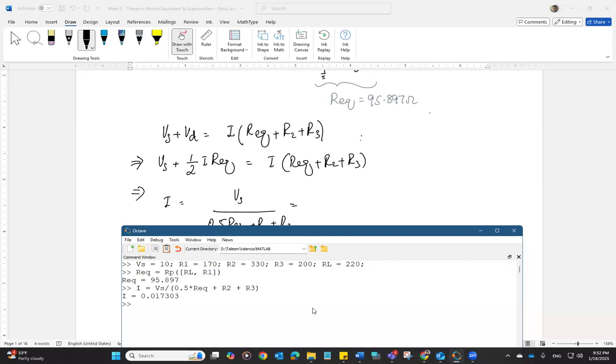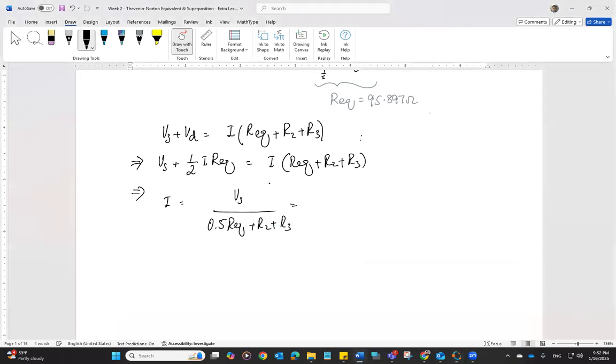So I is 0.0173, or 17.3 milliampere. Which implies our voltage across the load resistance and resistance R1, which is the same, is going to be I times R equivalent.